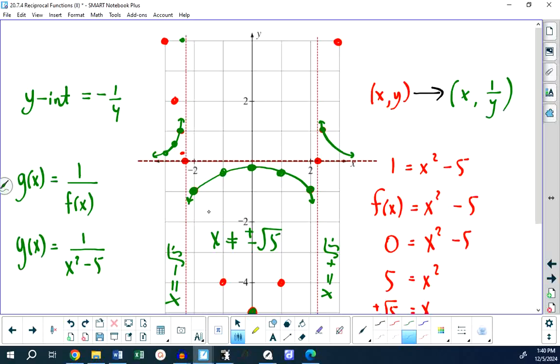Oh, is it 1/5? Thank you. The y-intercept is negative 1 over 5. And now comes a question that you have to think very carefully about. What is the range of this green function?